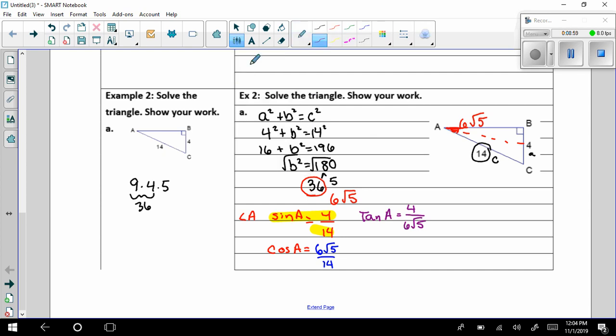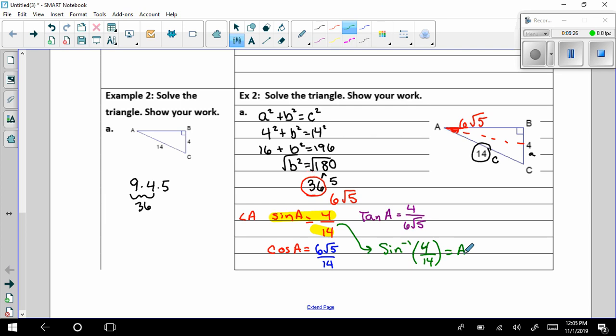And so the inverse sine of that same ratio is equal to angle A. You don't have to have that decimal value.